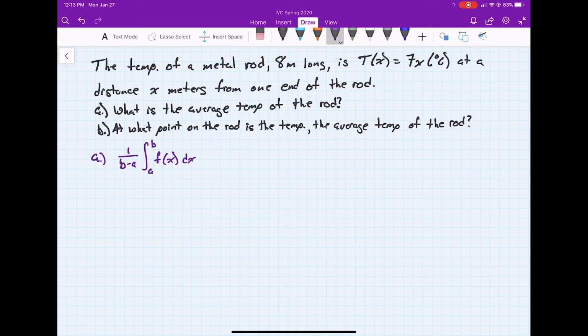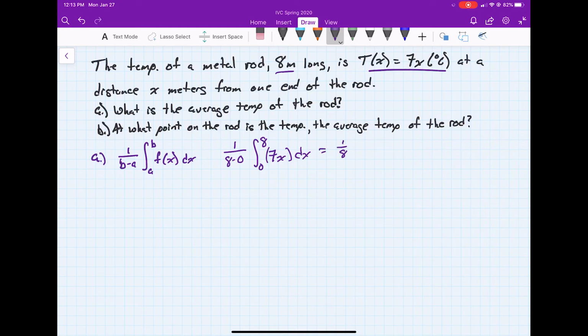Anyway, so if we just plug in our values that are given to us, we have something that's 8 meters long, and we start at 0. So we'll just use this for our plug-in values. Here's our function, 7x, and this is going to be dx. So really, we just need to integrate all of this.